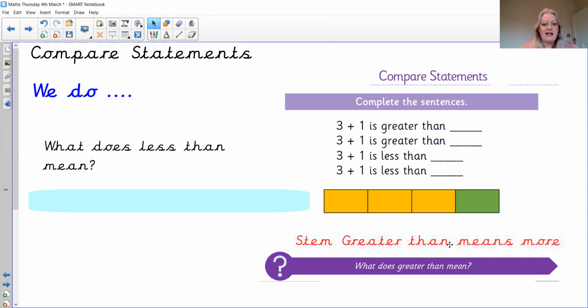And that's part of our STEM language. Greater than means more. Can everybody say that? Greater than means more. Okay, so back to the question. It said 3 add 1 is greater than what? What could we put there? So, first of all, what is 3 add 1?